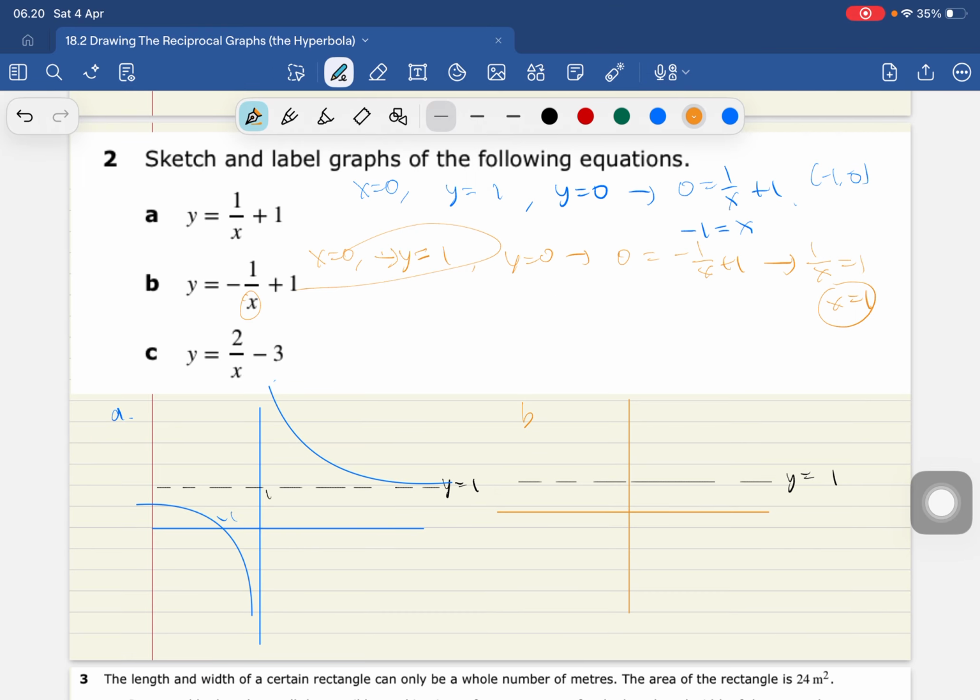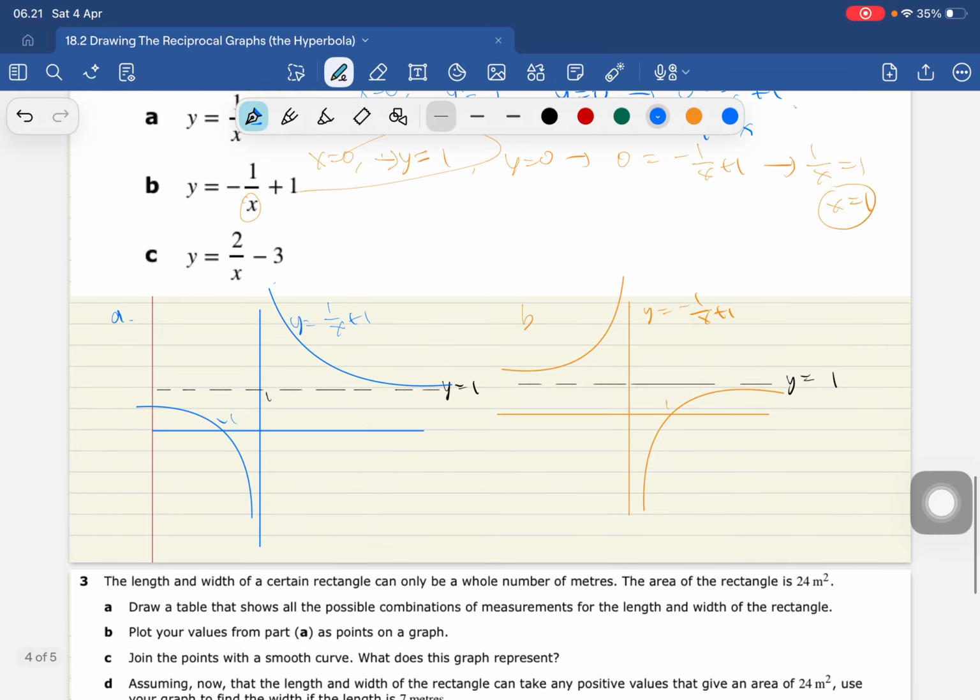So we go on. They cut at x equal to 1, so it is here. Remember, they will never touch y equal to 1. So here is y equal to negative 1 over x plus 1. Another one is y equal to 1 over x plus 1.